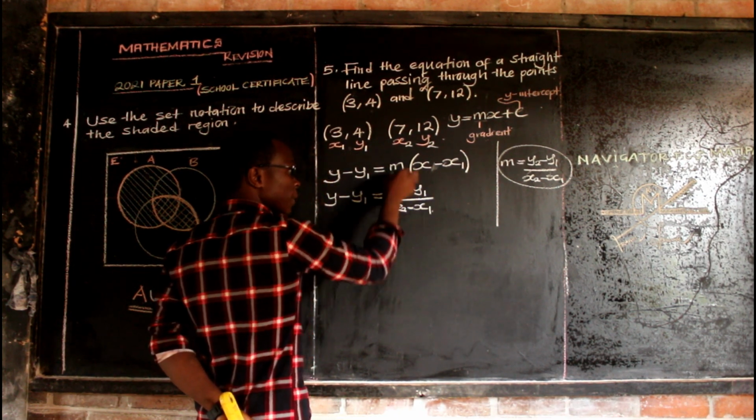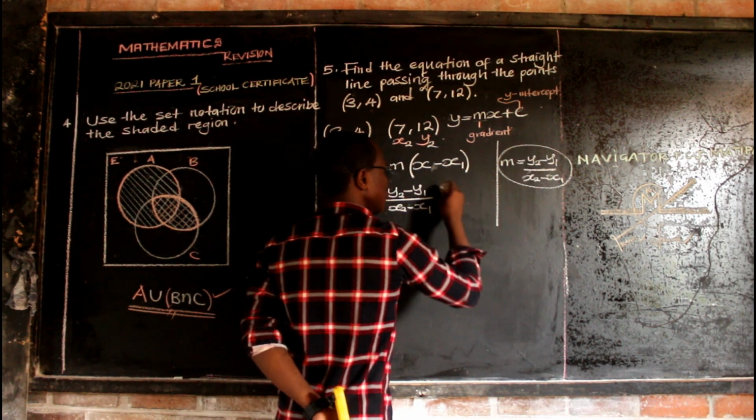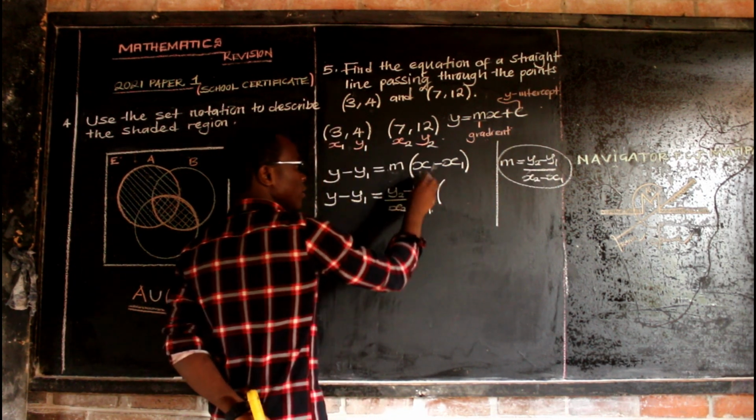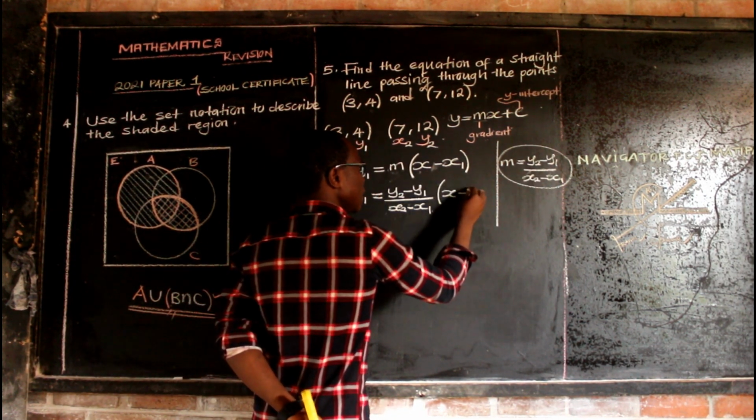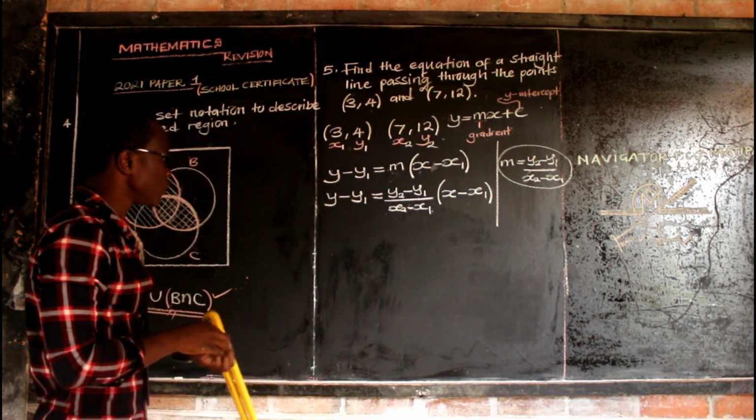So in place of the gradient, we put the formula for finding the gradient. Then we have got x minus x1. So let us move on.